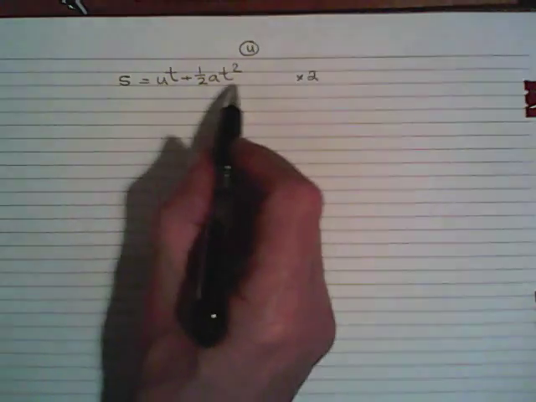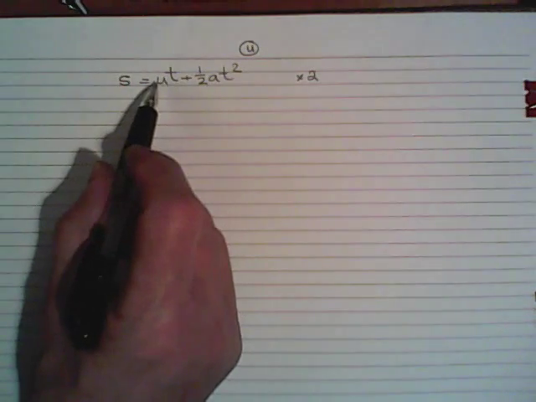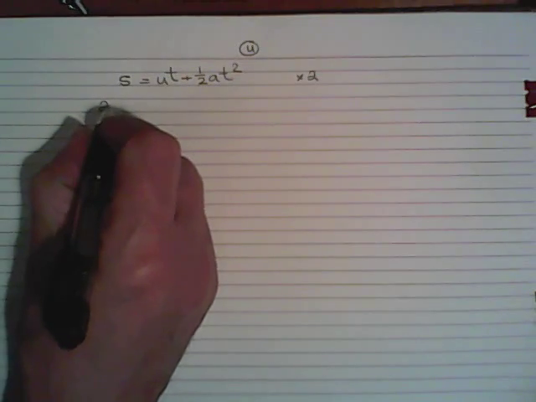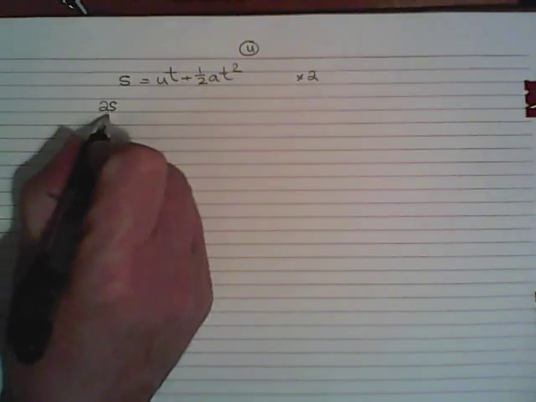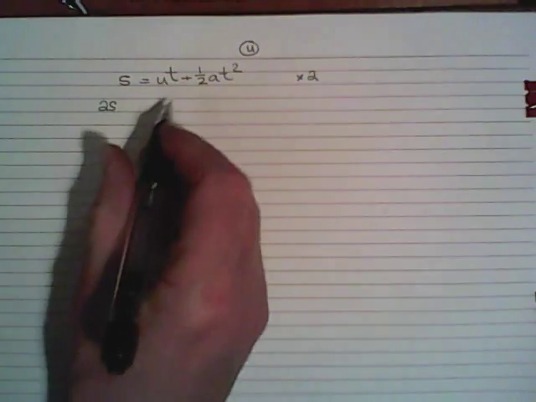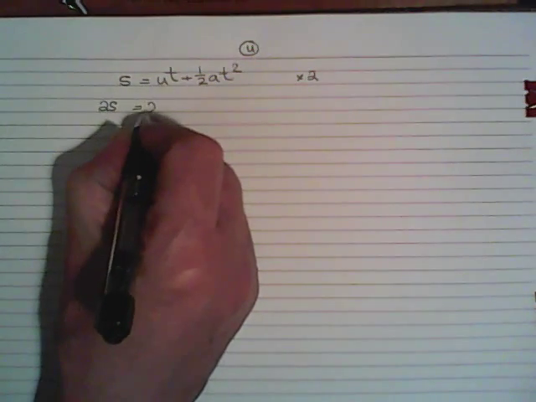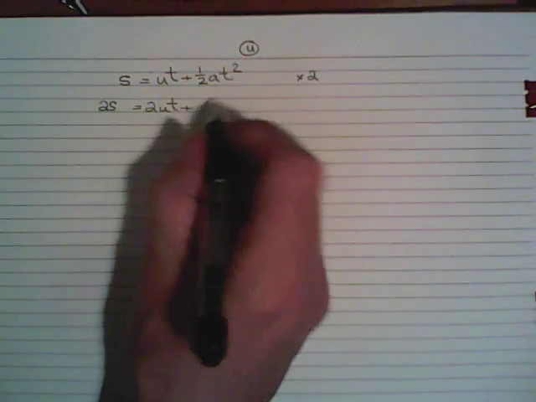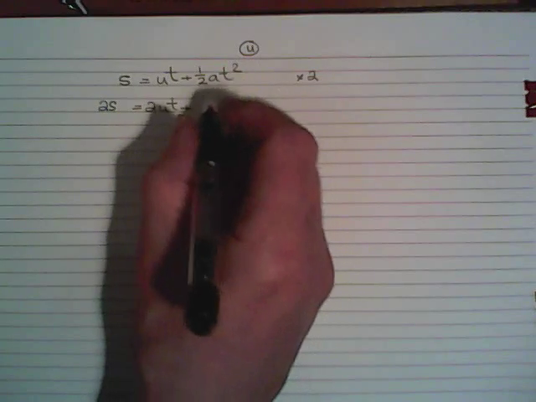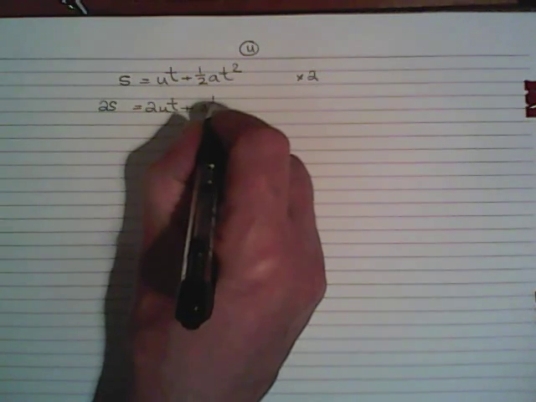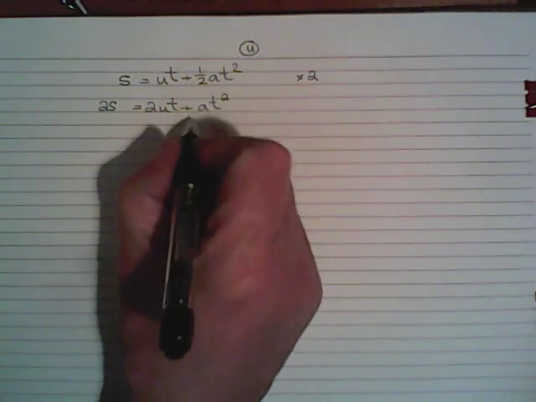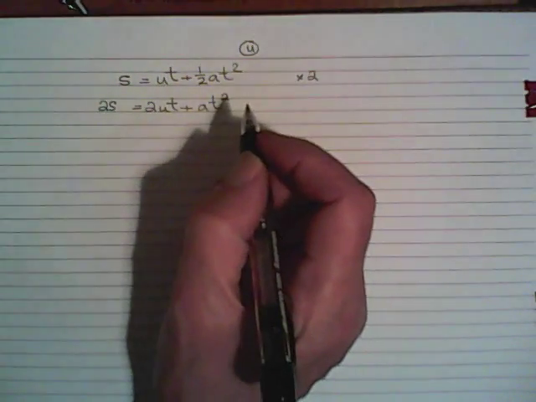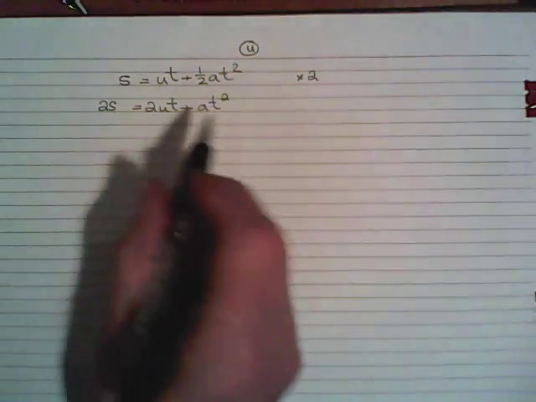We've got to do the same to everything, because this is an add sign. So we definitely will end up with 2s, which is s times 2, equals 2ut plus, and 2 times 1/2 is 1, and 1 times at squared is simply at squared, not 80, but at squared.